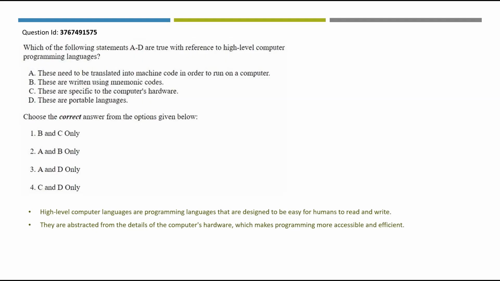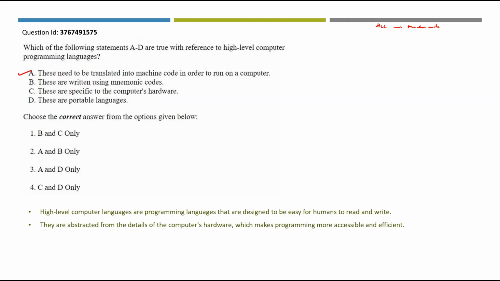These need to be translated into machine code in order to run on a computer. Yes, it is true. You cannot directly use a high-level language in a system. The high-level language will be converted to machine code, and that machine code will be executed in the computer. So in order to run a program, it will be automatically compiled and turned into machine code. So definitely A is there.